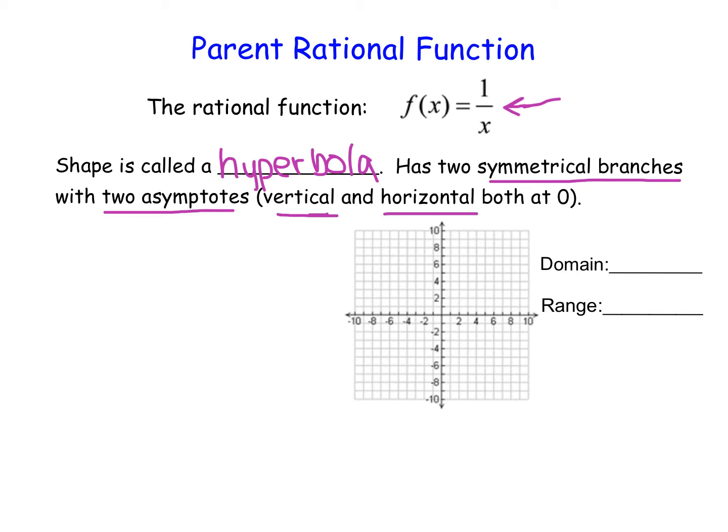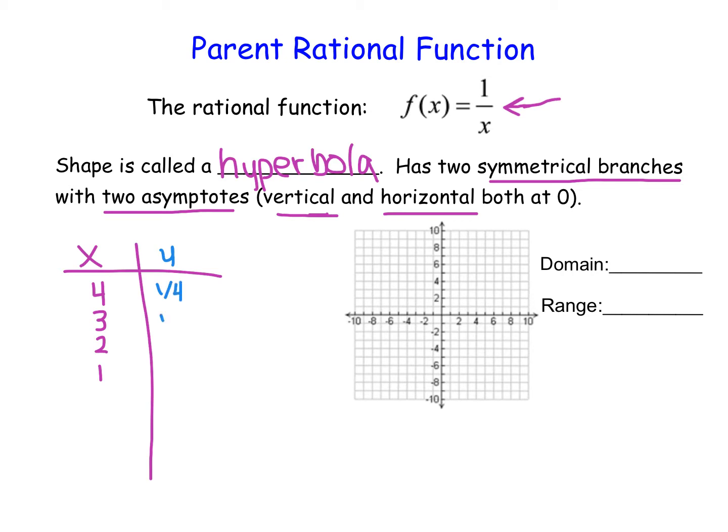Let's start by making a table of values so we can see what's going to happen with this function. I'm going to start with values like 4, 3, 2, and 1. When x is 4, y is 1/4.